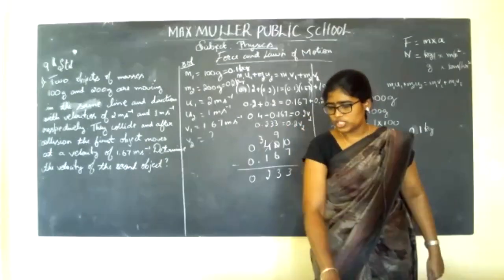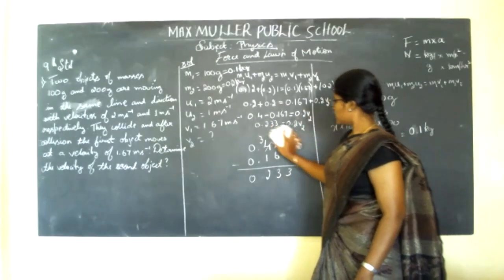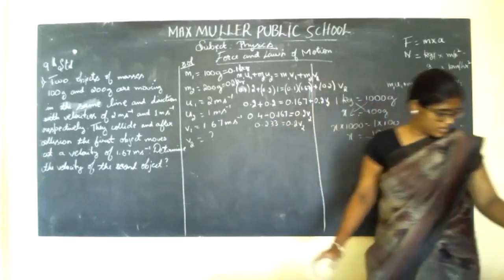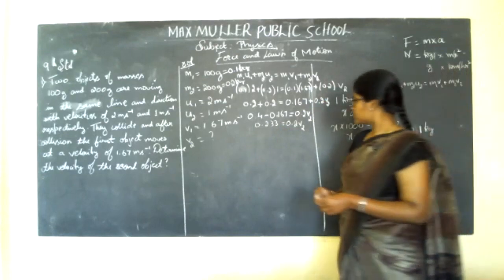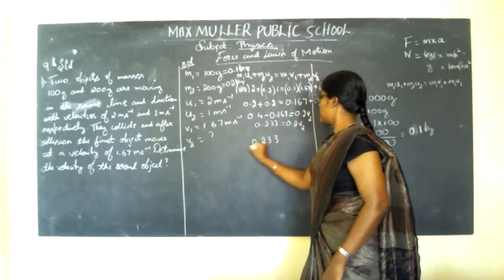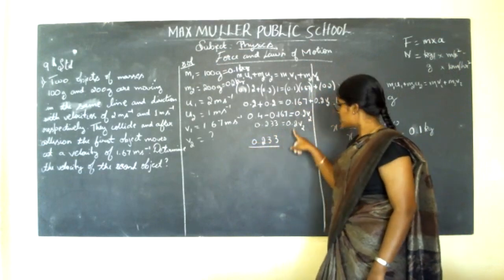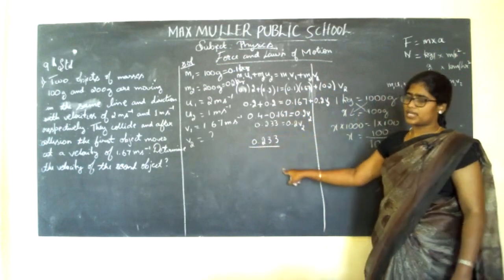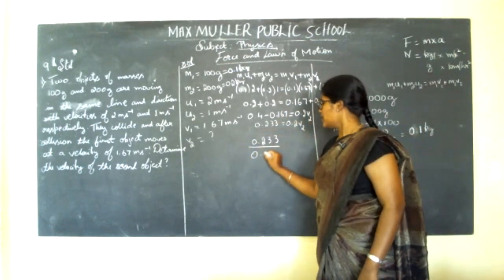Correct? Check whether it is correct or not. It is correct. Now, the next step. 0.233 divided by 0.2, see here 0.2 into V2 it is. If it is coming this side, it gets divided. So it is 0.2.